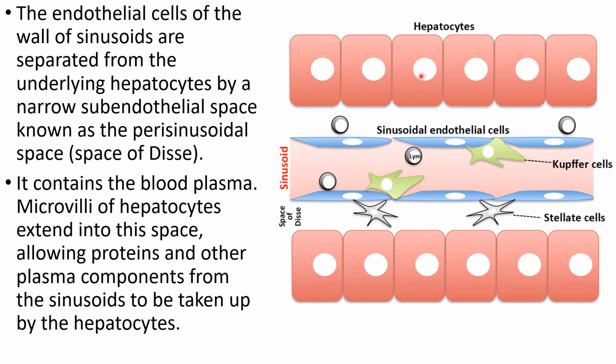See, the hepatocytes possess some specialized structures called microvilli that extend into this space of Disse, where the space of Disse is composed of blood plasma, and all the components and proteins, hormones, and other chemical substances that are required for normal functioning of hepatocytes are present in the plasma of the space of Disse, and through the microvilli the hepatocytes can absorb, take up these components for its normal functioning.